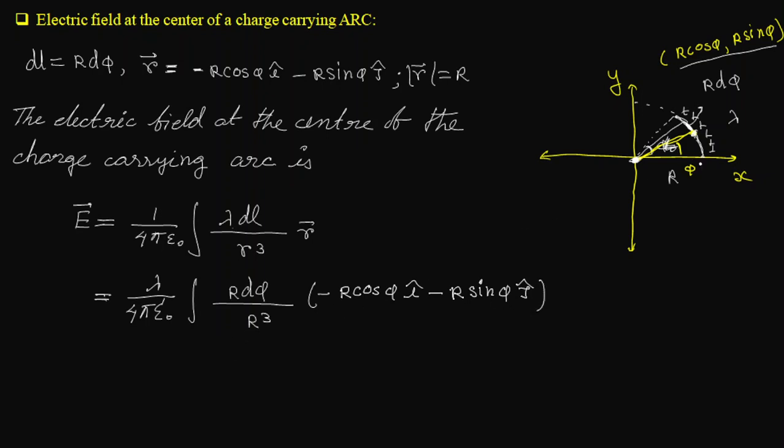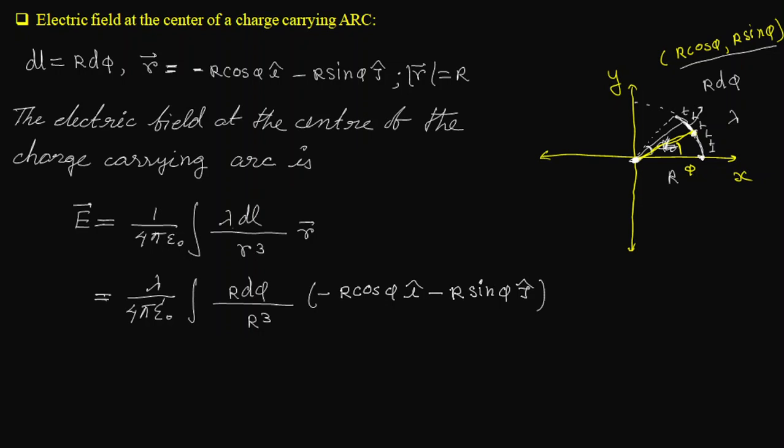Now since this is not a complete loop, what we have to do is put the value of the limit of this integration. What will be the limit of phi? In this case we have to integrate with respect to phi. So what will be the limit of phi?